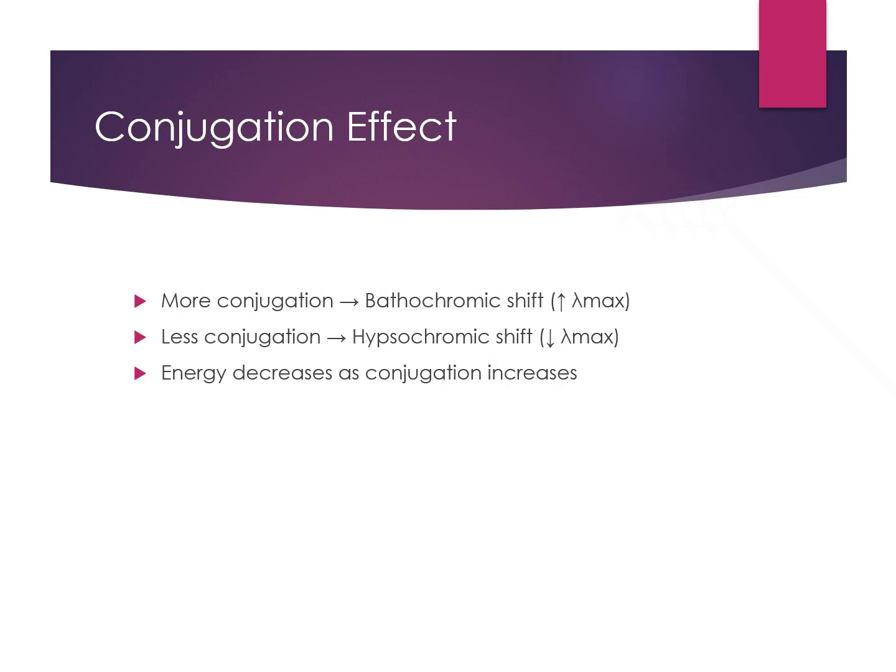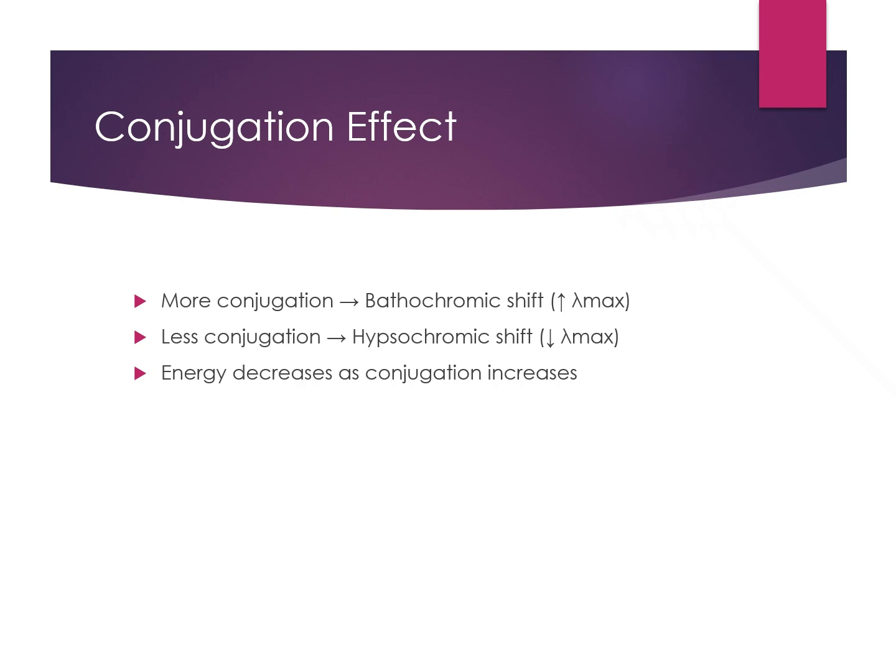Conjugation is the most important factor. When a molecule has a series of overlapping p orbitals, electrons become delocalized. This delocalization reduces the energy gap between the HOMO and LUMO. According to the relation lambda equals hc over delta E, a decrease in delta E increases lambda max.